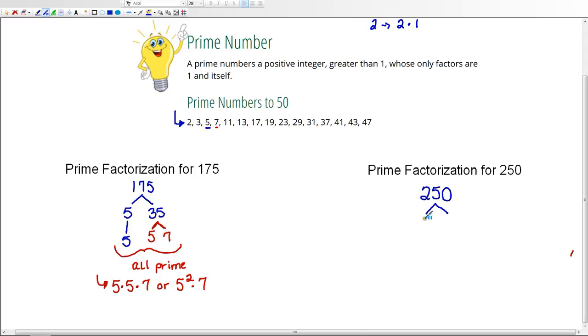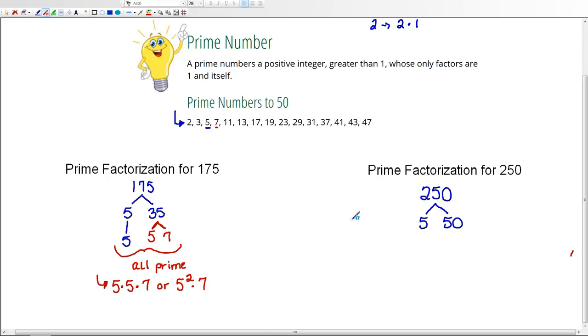So I'm going to start with 5 times 50. Now, you might start with something different. You might start with 25 times 10, and that's fine as well. And maybe we'll do that together as well to show you how sometimes you can do it a different way and still end up with the same answer.